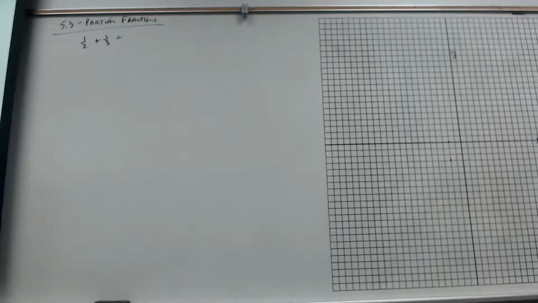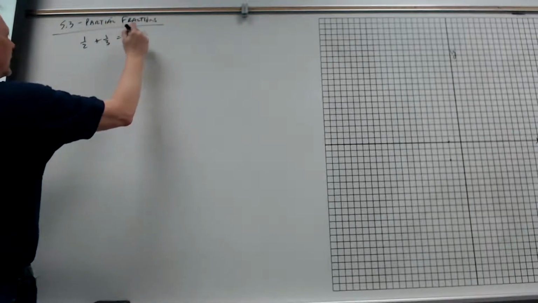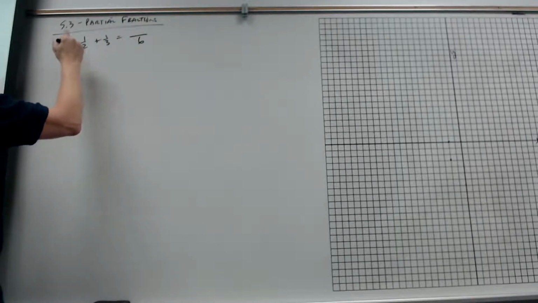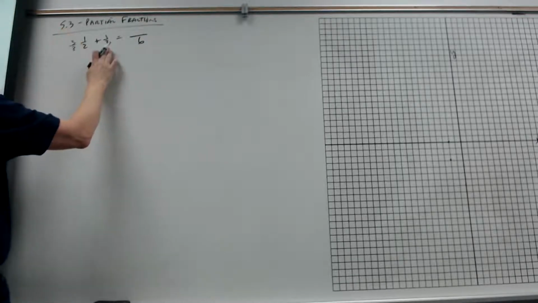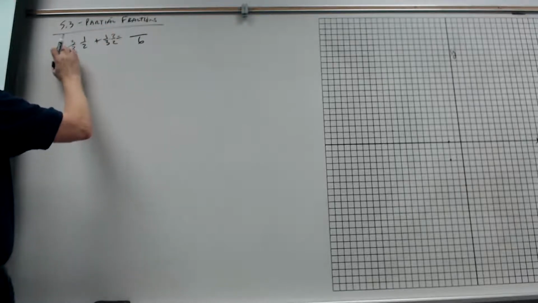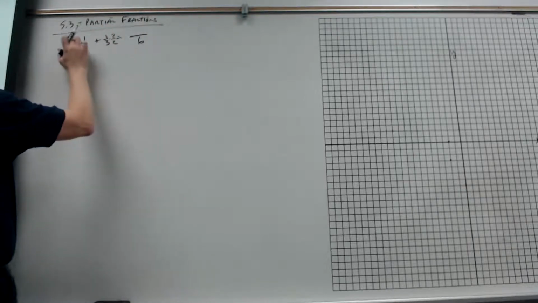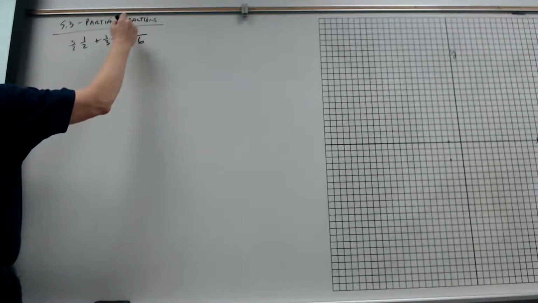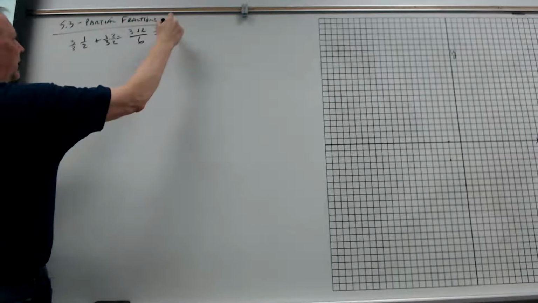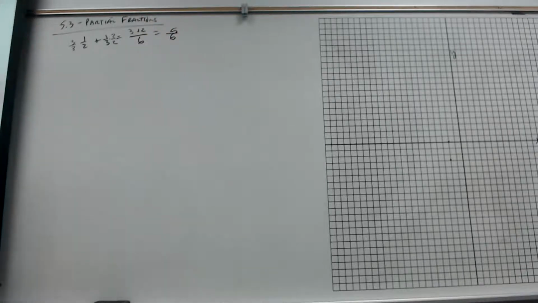Yes. Okay, how would you do that? Find a common denominator. You get a common denominator of 6, and so you'd multiply this by 3 over 3 and this by 2 over 2. So you would get 3 times 1 is 3, 1 times 2 is 2. So you get 5/6. Correct?